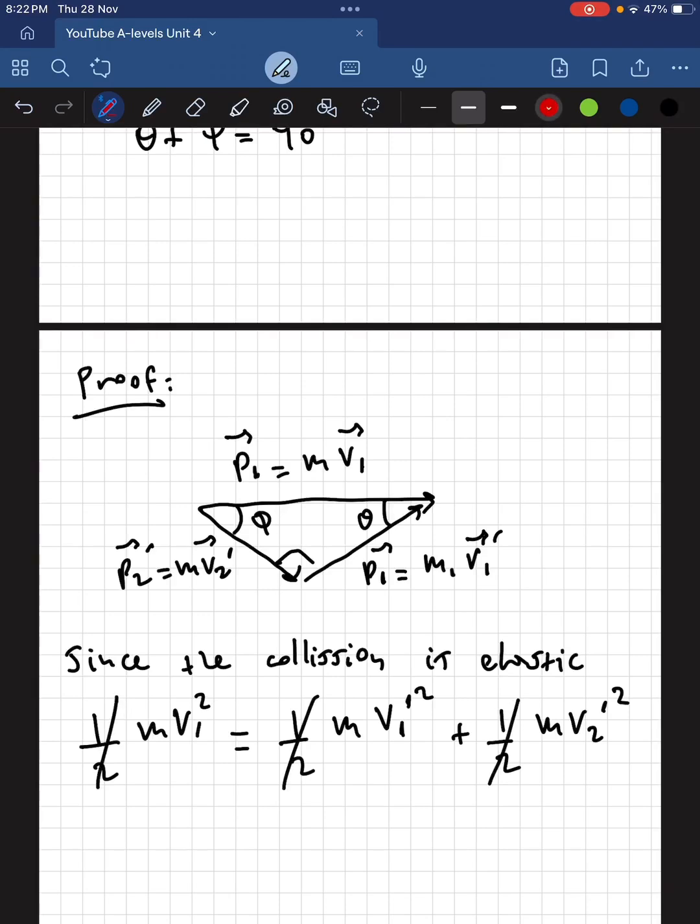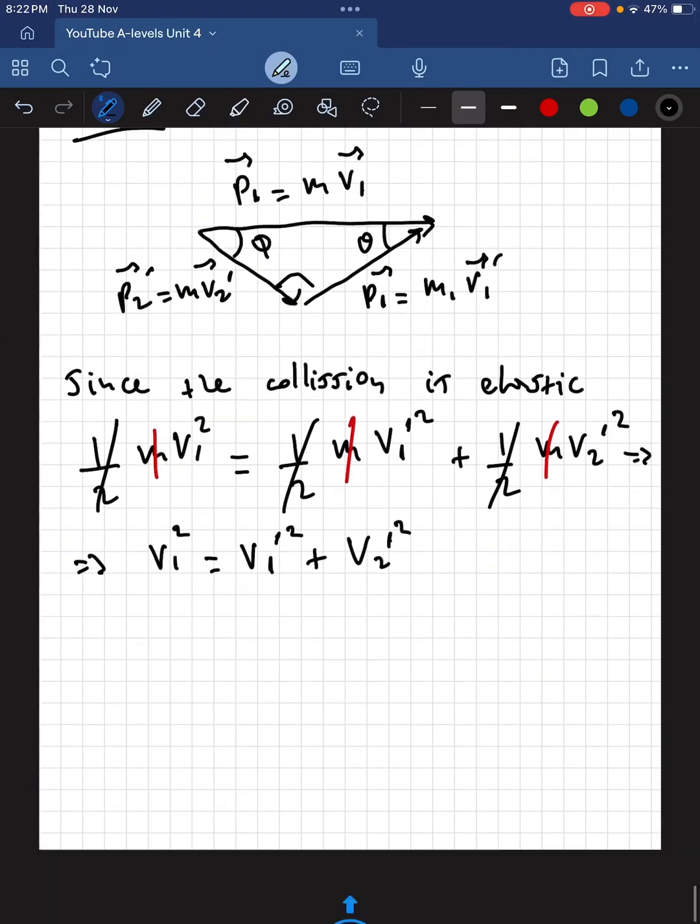So this cancels, and also the masses cancel because they are equal, right? And we find that v1 squared is v1 prime squared plus v2 prime squared. What does this remind you of? This is the Pythagoras theorem, right?